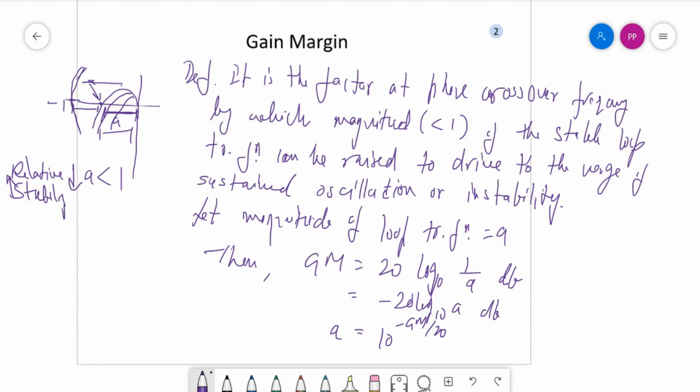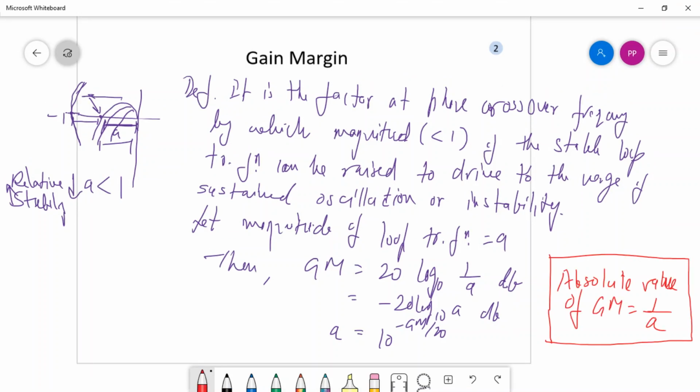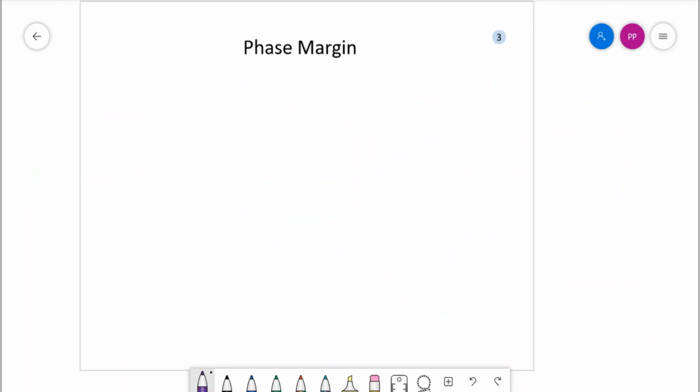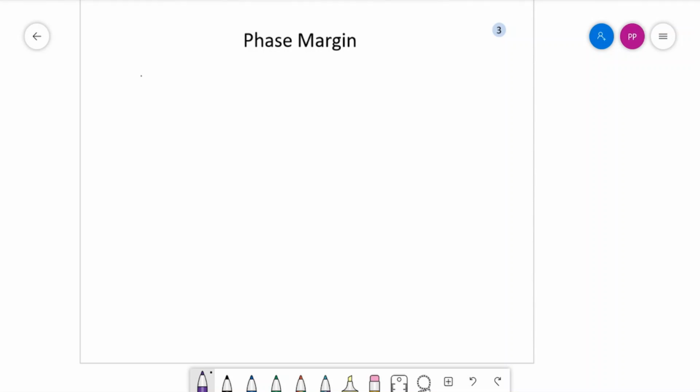So similarly, let us understand what is the phase margin. As we have seen earlier, this is the plot, and you are drawing a radius of 1 that is crossed at this point, omega gain crossover frequency.